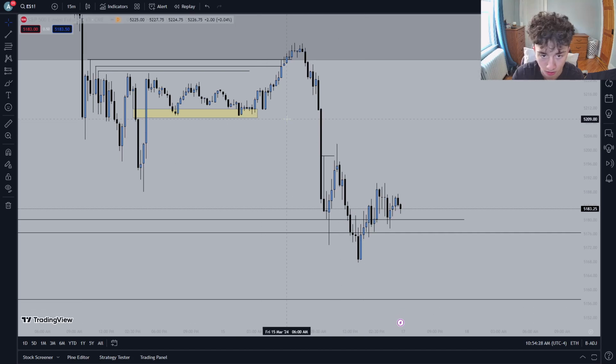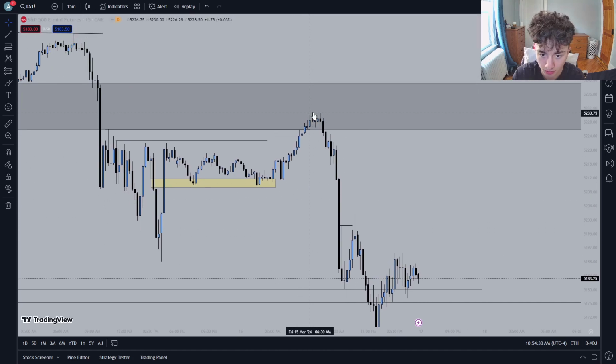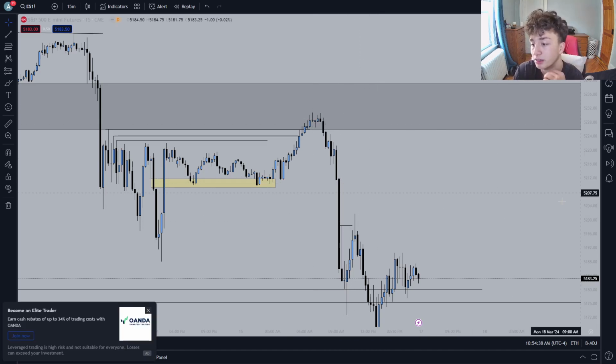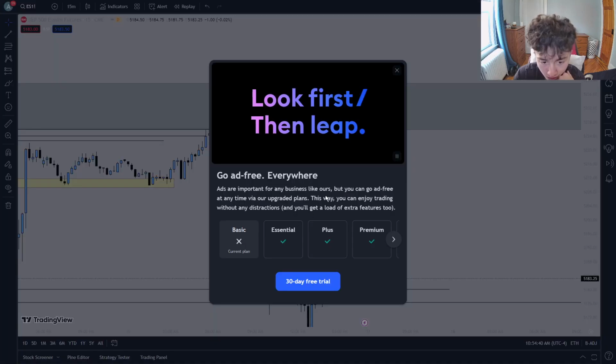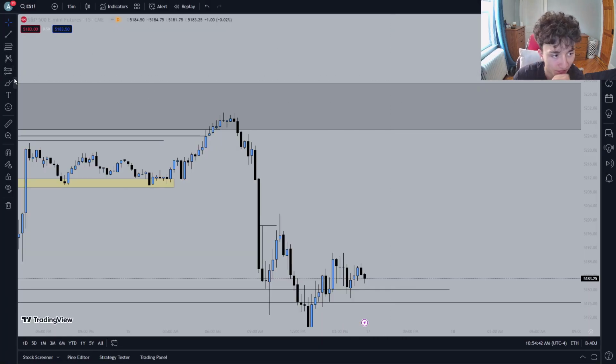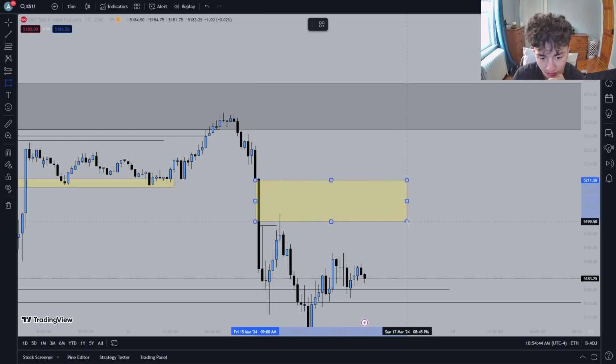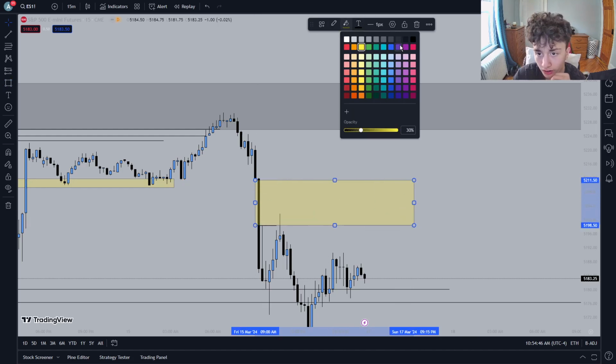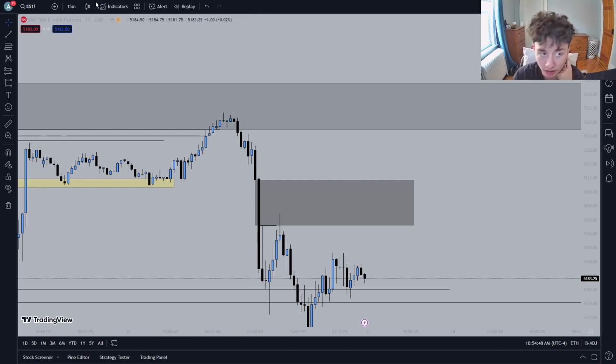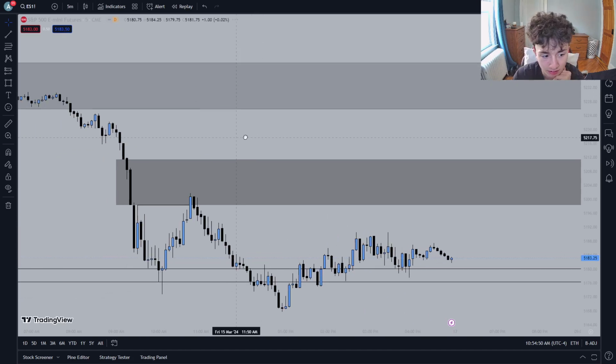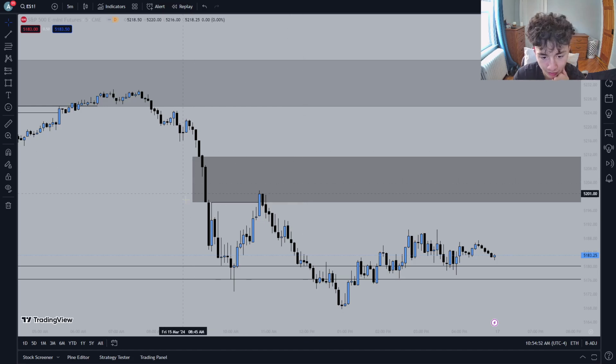For example, this could be a high, because it has a lower candle to the left and a lower candle to the right. But these are, for me, high confluence highs because they're also coupled with a fair value gap, this inefficiency. So it has some resting liquidity on the lower time frame, and it has a fair value gap.